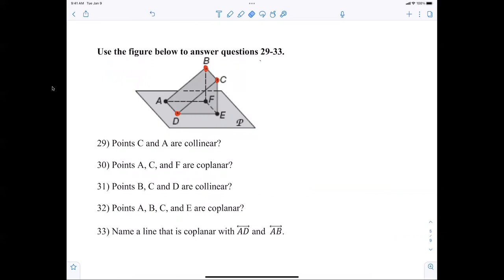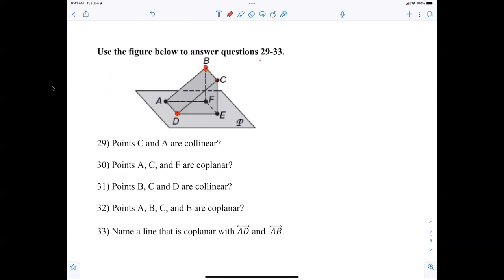Kind of like a trick question, I think. Are they collinear? Yeah. Who said yes? Tell me why they are. Good. C and A are collinear. Is the line drawn?